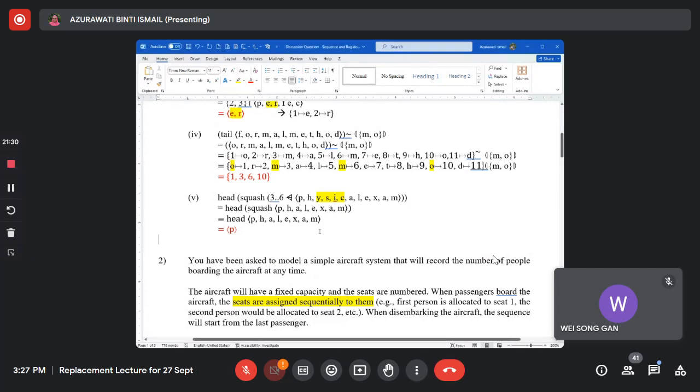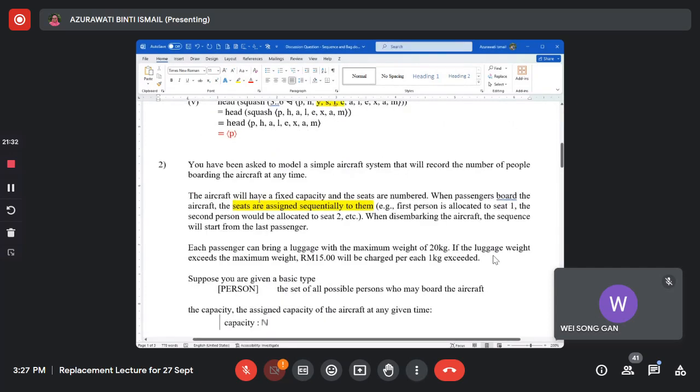Okay, let's proceed. The second question here is about the aircraft system. When it comes to the final exam, we cannot tell you a lot of things to do. So mostly we are going to do a fixed capacity for our aircraft, and the seat numbers are sequentially given to you.